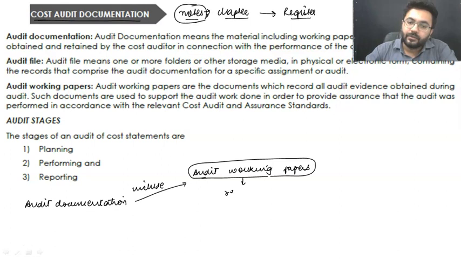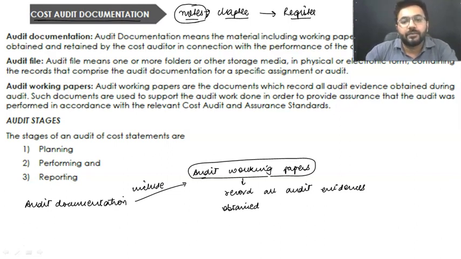The main purpose of audit working papers is to record all audit evidences which are obtained so far during the course of audit. Whatever audit has been conducted by the cost auditor, in order to support his statement, he is going to gather a lot of evidences, and those evidences are prima facie recorded in audit working papers.